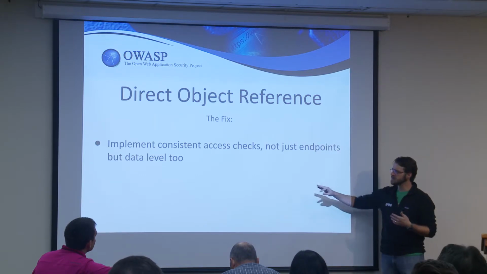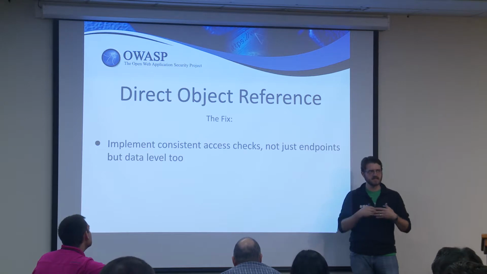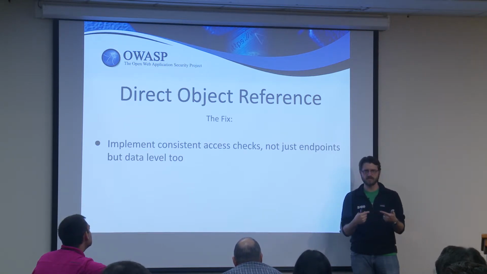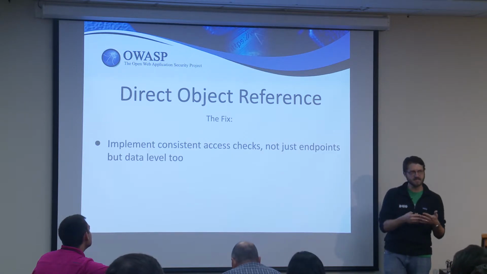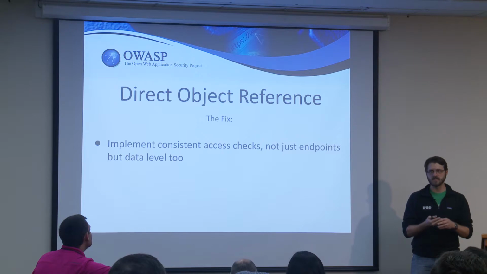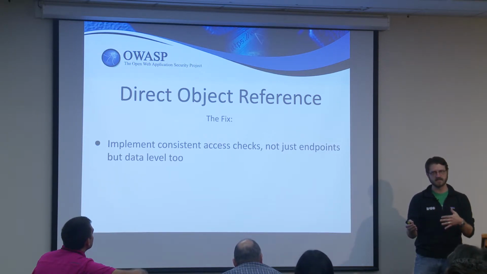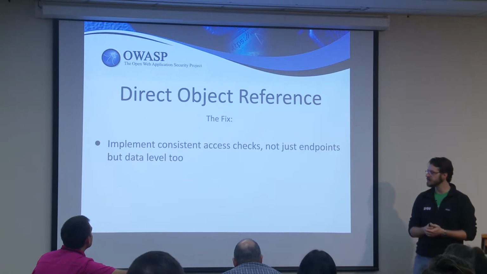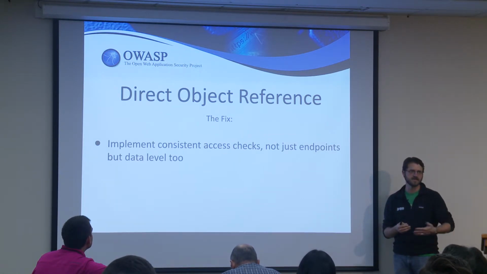It's a lot harder to do it at the data level, unfortunately, because a lot of times that means going into the data itself and running it through a filter or something like that. But if it's sensitive enough data and you want to protect it adequately, then you kind of have to do that. A lot of times it is based on the access level of the actual endpoint being used. But sometimes it's a little different, especially on an AJAX call that's returning JSON.